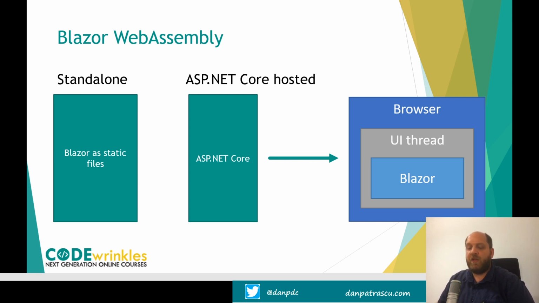Just as a not very accurate, but I think important, analogy, in this scenario we basically run Blazor as a static files application. So we just ship some information to the browser and our application basically runs there with really no connection or ties to some backend application or server.